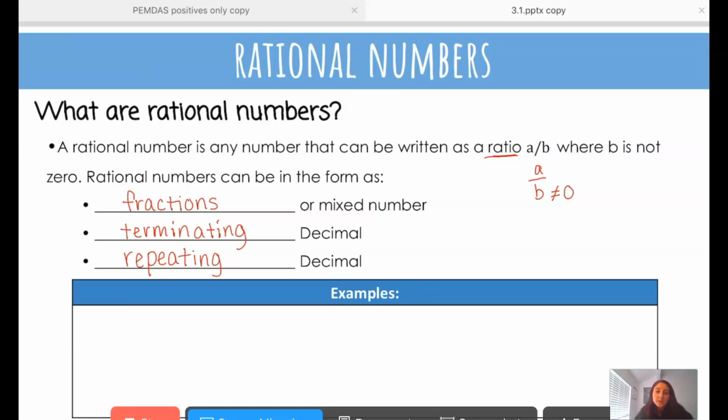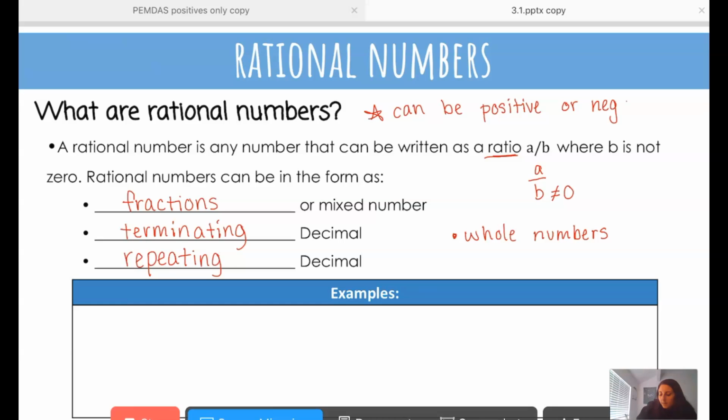It's also important to note that whole numbers can be written as fractions because the number 3 can be written as 3 over 1. So another form that rational numbers can take are whole numbers. And it's also important to note that rational numbers can be positive or negative. So if you want to make note somewhere, can be positive or negative.